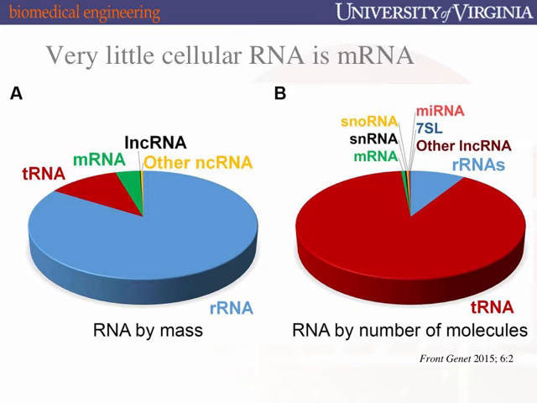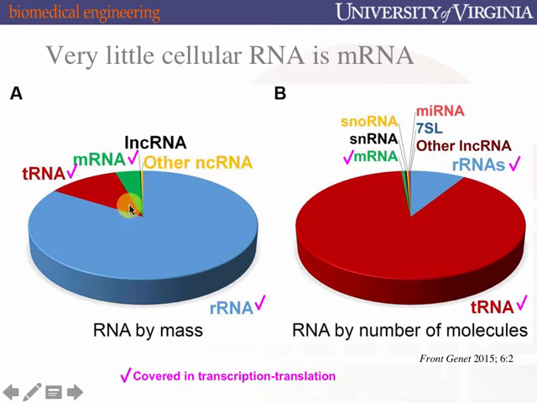We spent a lot of lecture time on the regulation of mRNA, genes that are transcribed. I show this pie chart here to get across the idea that mRNA is a surprisingly small amount, either by mass or by number, of the total number of RNAs that a cell expresses. We covered a lot of these other ones, transfer RNA, ribosomal RNAs, you can see them indicated here.